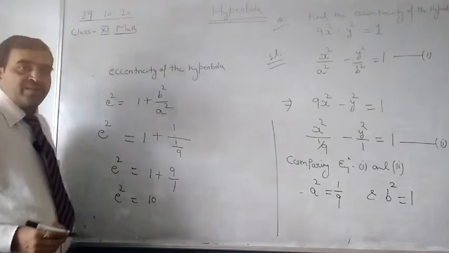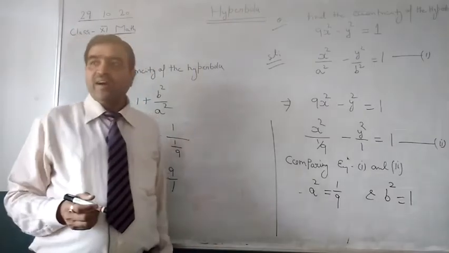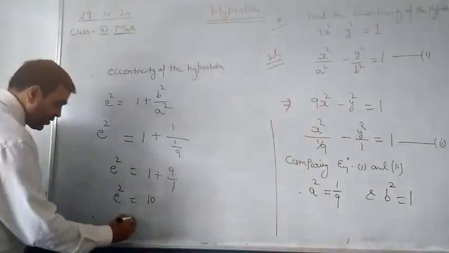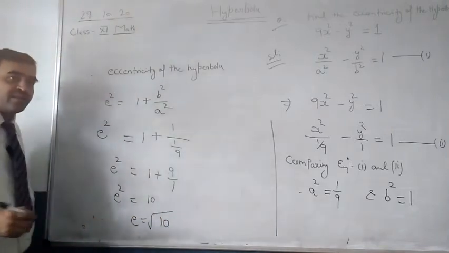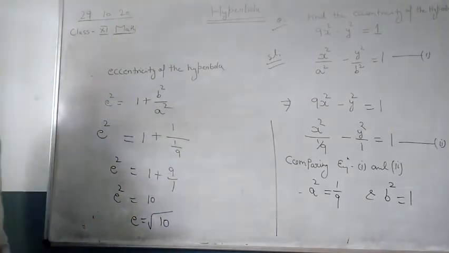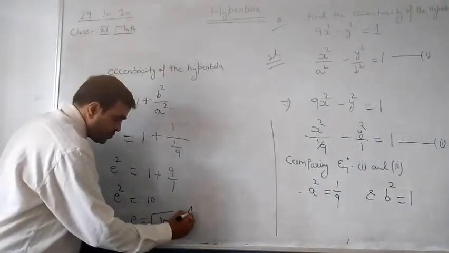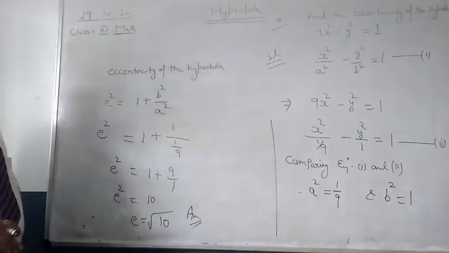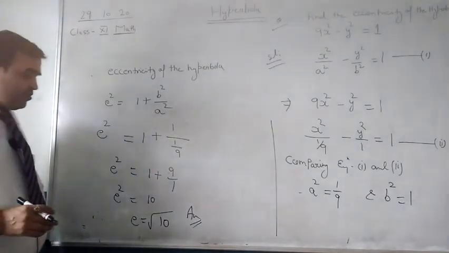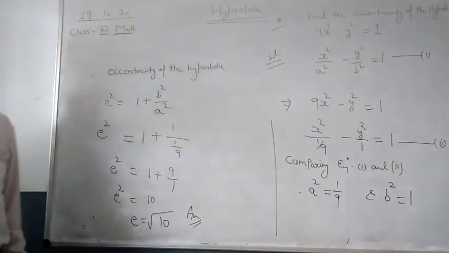Therefore the eccentricity of the hyperbola e is equal to under root 10. Answer: e equals under root 10.